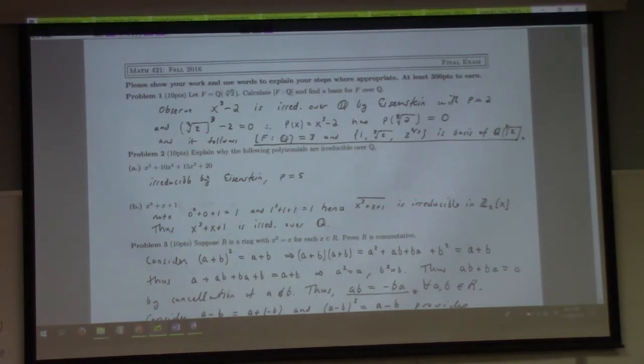But if you start looking at how many irreducible quadratics there are over higher things like Z3, there could be more than one of them. I think there are 3 irreducible quadratics mod 3, if I remember right.